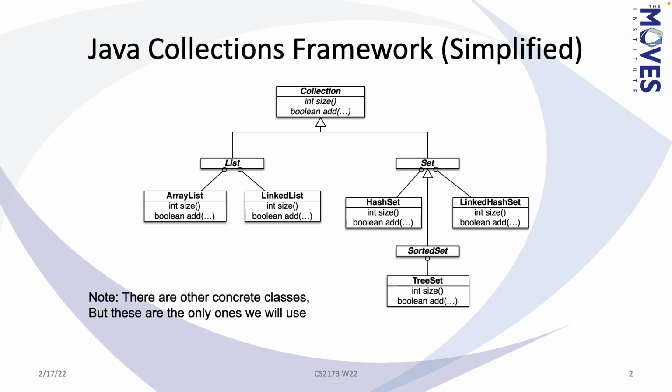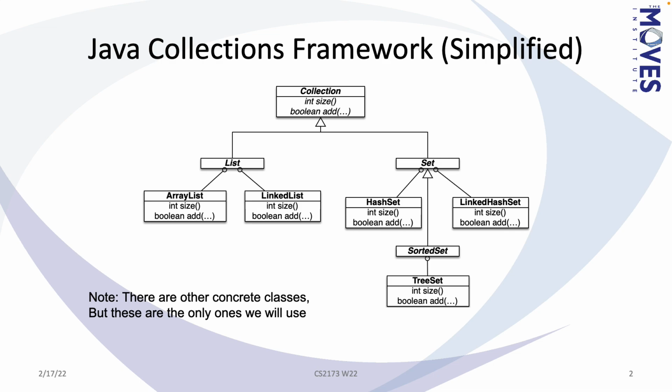These are the ones that I mostly use. I can't think of a time when I have used something that's not on this screen, but they do exist and are sometimes the ideal data structure to use for a particular task.